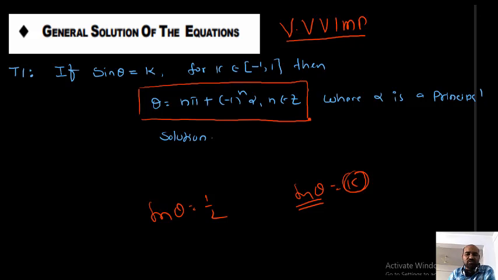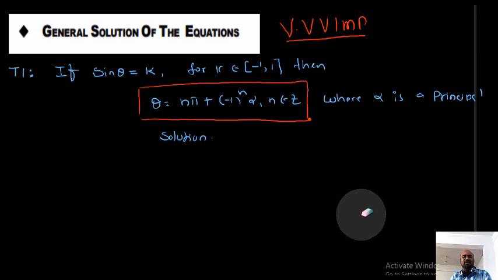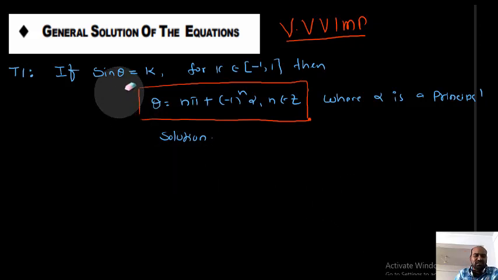If k belongs to minus 1 to 1, then theta is given by n pi plus minus 1 to the power n into alpha, where n belongs to Z and alpha is a principal solution. But I want to prove this. Previously you accepted it as given, but now we need to prove this result.